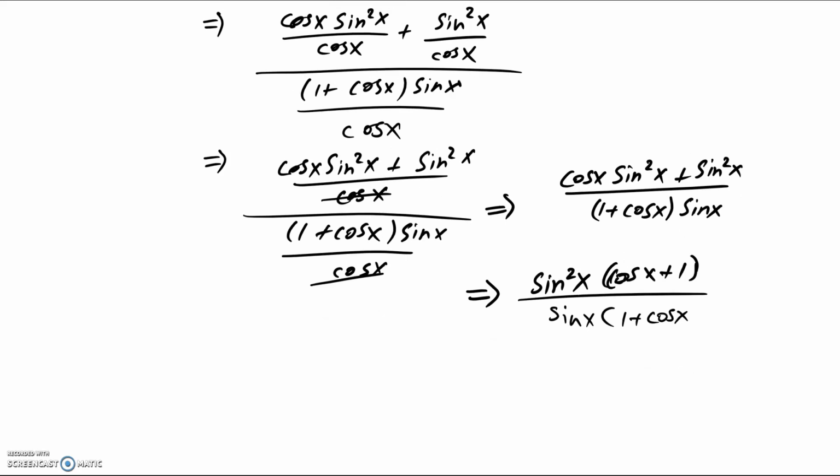Now look, cos x plus 1 and 1 plus cos x, it's the same thing, so we will just cancel them out. Sine squared x over sin x, they will cancel out each other, and you will be left with only sin x. This is the simplified form of your expression.